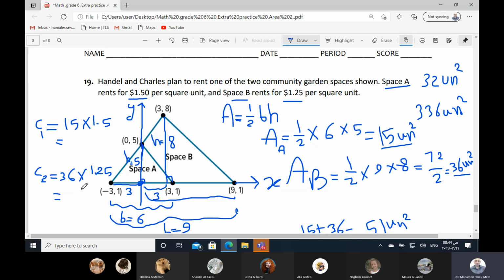Now the first cost: 15 times 1.5, the answer will be $22.5. And the second cost will be 36 times 1.25.